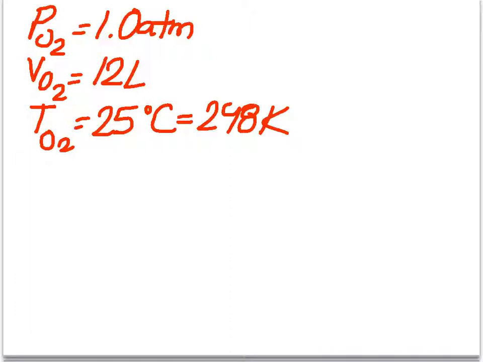We're going to substitute it into the ideal gas equation so we can figure out how many moles of each of our gases we have initially before we put it into that 5-liter container when the two get poured together.